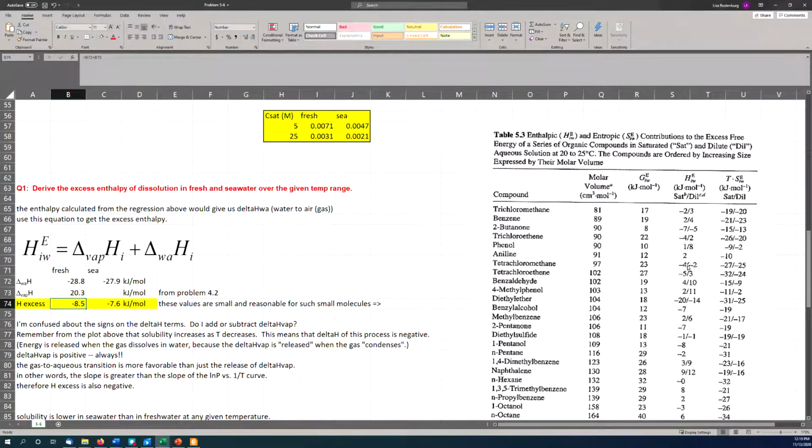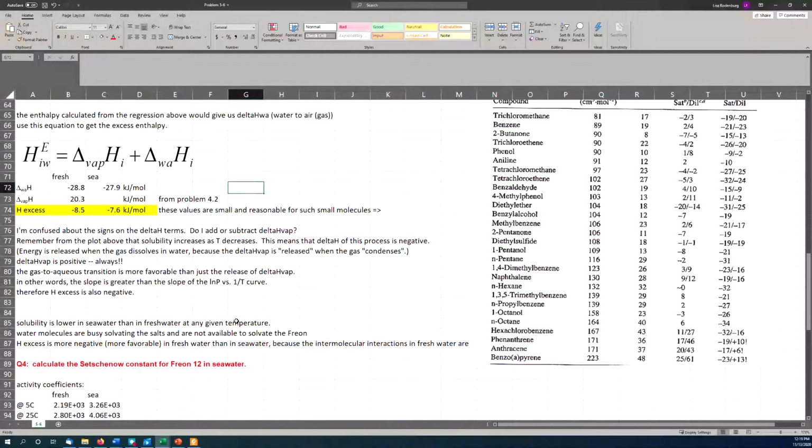Well, tetrachloromethane is not hydrogen bonding, not at all. So the fact that we get -4 here makes me feel good about these values of about -8 kilojoules per mole. They seem to make sense when compared to other compounds. So I feel good about that number. I'm happy.